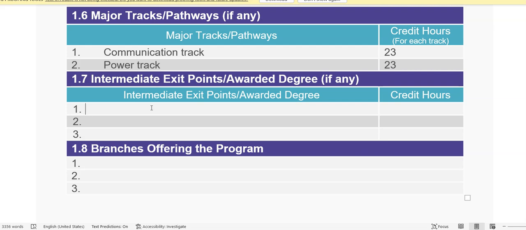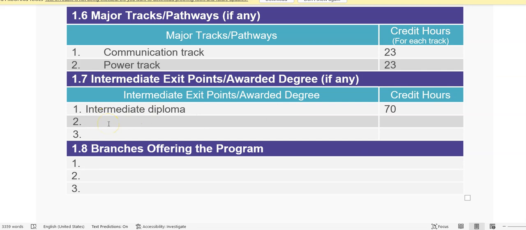For example, the first type can be an intermediate diploma with a minimum of 70 credit hours. You have credit hours here, so you don't need to write credit hours.